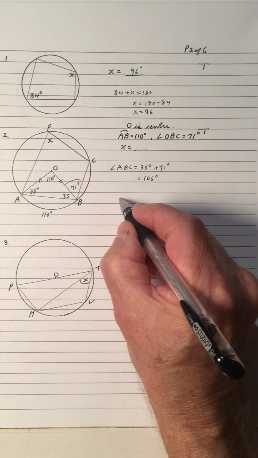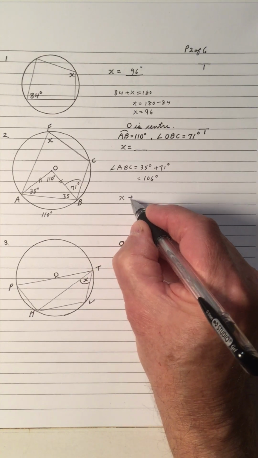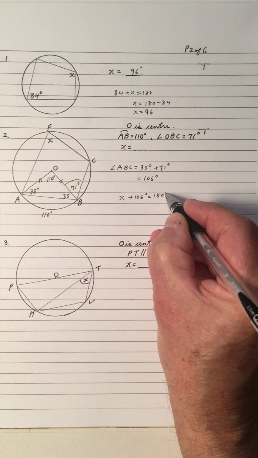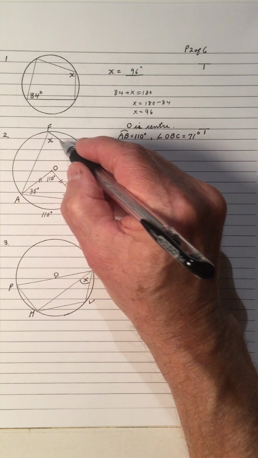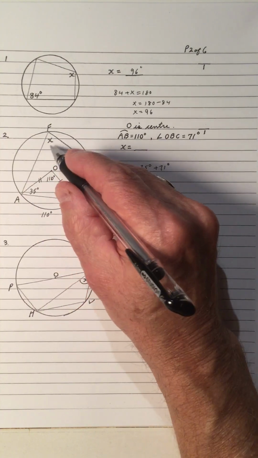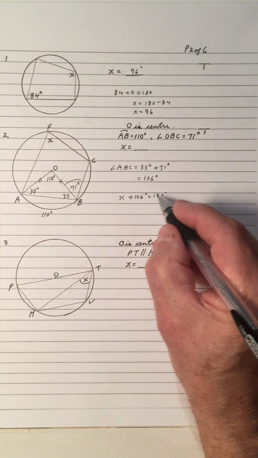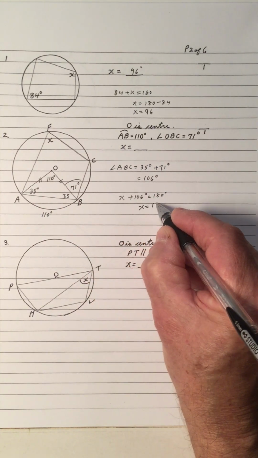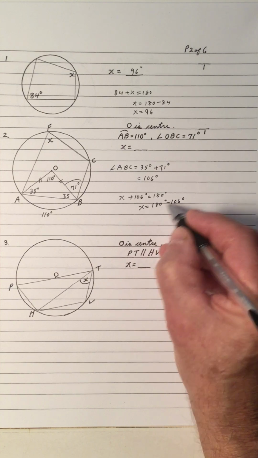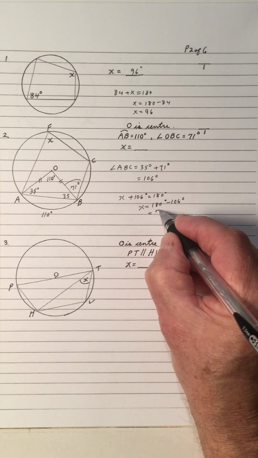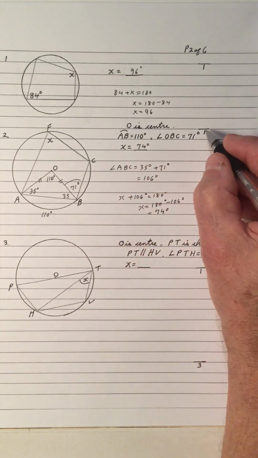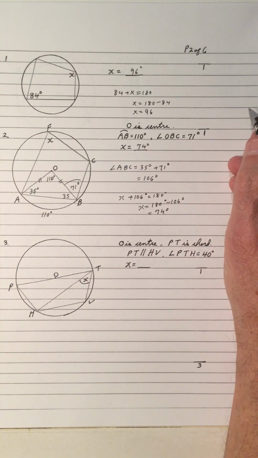So that means that x plus 106 is equal to 180, because angle F and this angle ABC are opposite angles in a cyclic quadrilateral, and they're supplementary. So x is 180 degrees minus 106. So that means x is 74 degrees. So if you have 74 degrees, give yourself a mark.